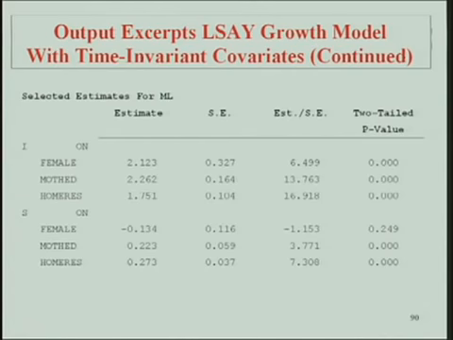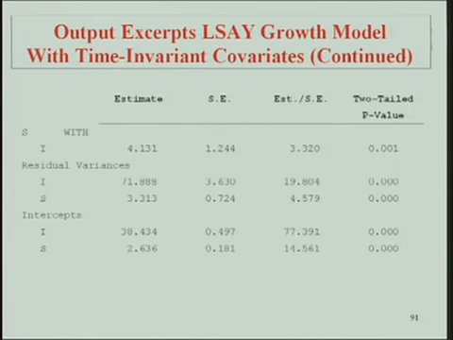Lower slope for females is what the negative sign says, but not significantly so. So it should not be interpreted. Mother's education, the higher it is, the higher the growth rate. Home resources, the more you have, the higher the growth rate, is what this says. So that's the covariate part.